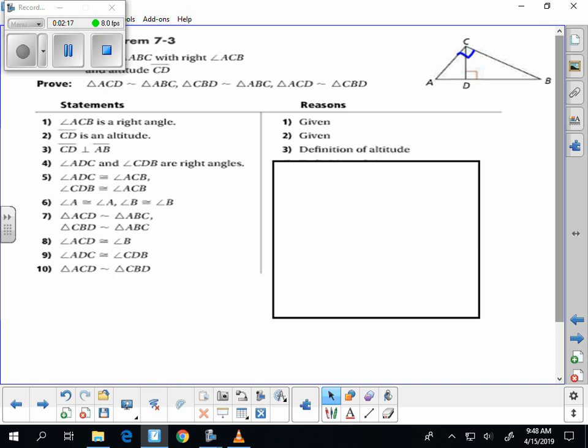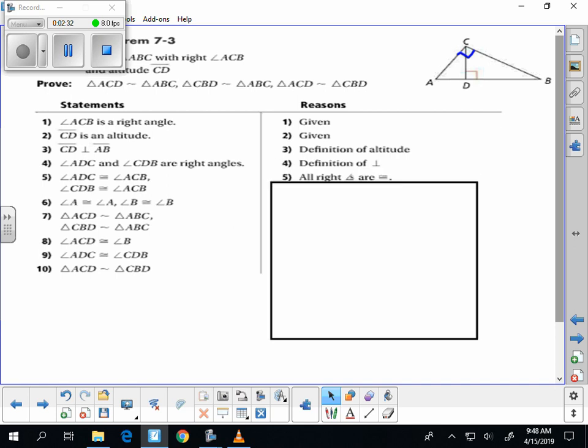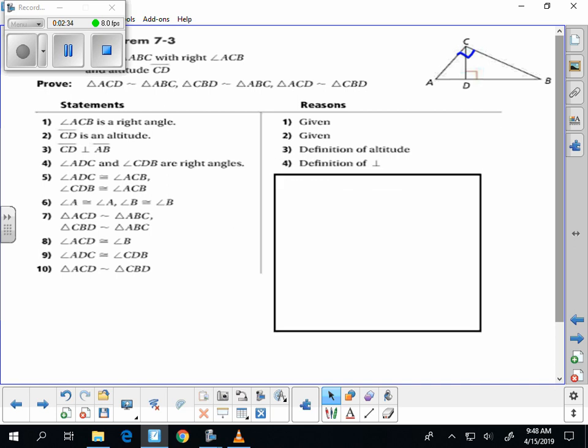Why can I say now that I know that that's perpendicular, why can I say those 2 angles are right angles? Yeah, perpendicular lines meet at right angles. So definition of perpendicular: perpendicular lines meet at right angles.